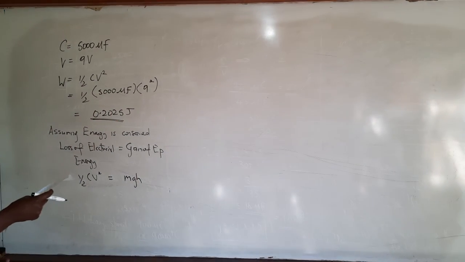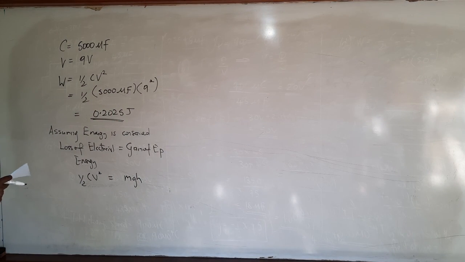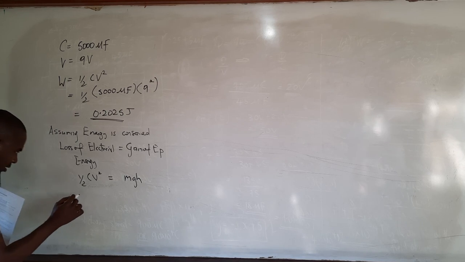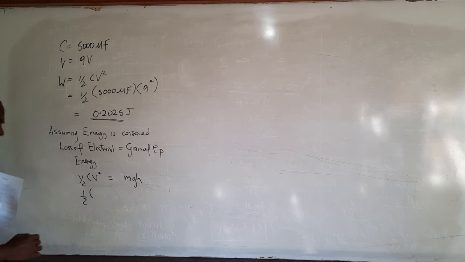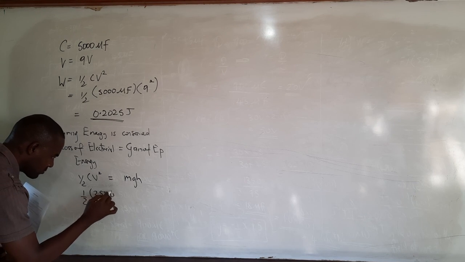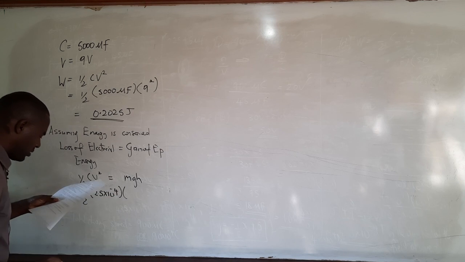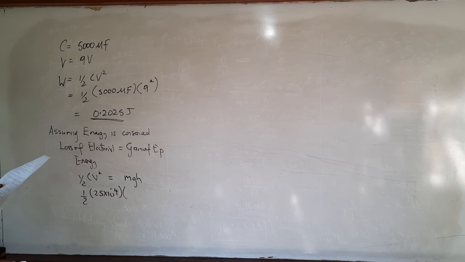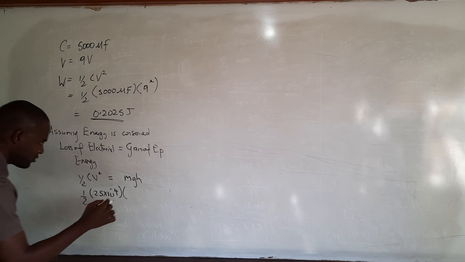So substituting, we get the capacitance, 250 microfarads, half of 250 microfarads, same thing as 2.5 times 10 to the minus 4 farads. And the voltage is 7,500, so that's times 7,500 squared.